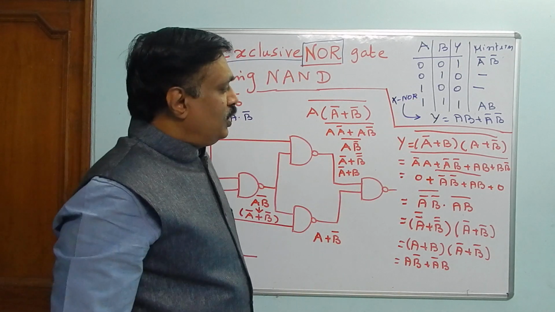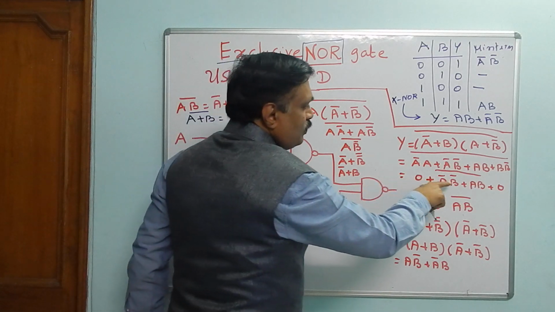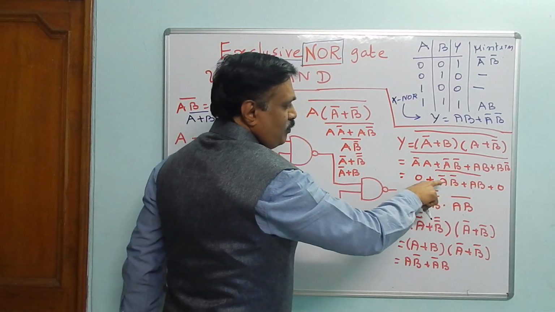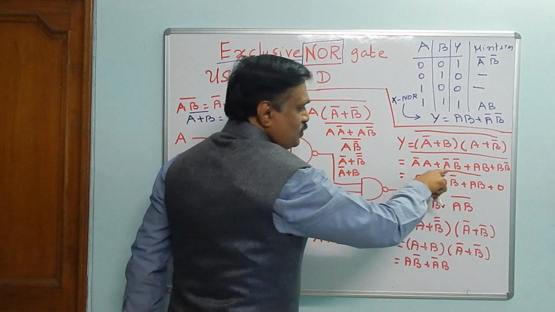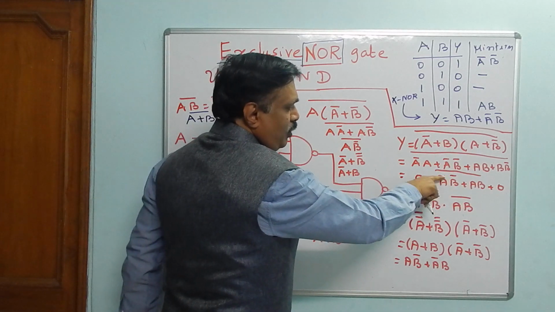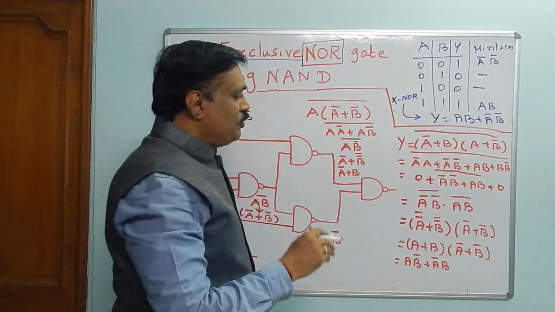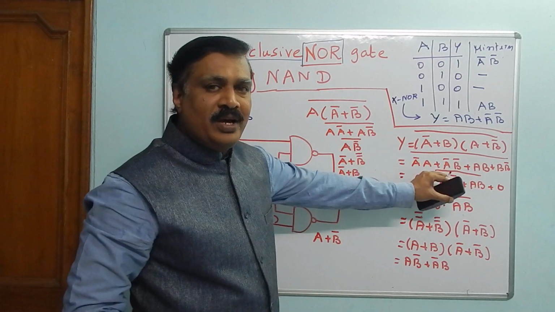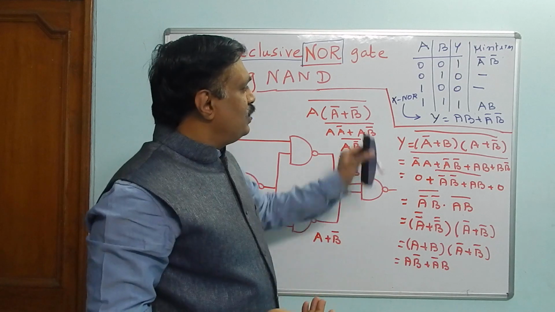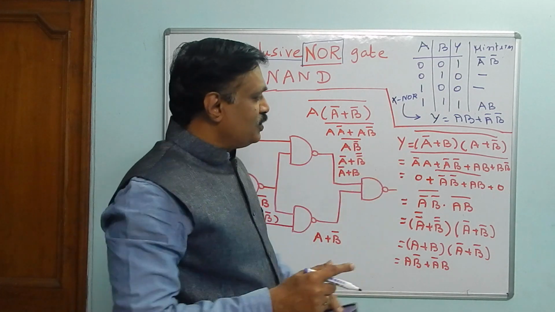Now you are getting this term with a complement. You are getting A bar B bar plus AB with a complement. If you remove that complement, then you are getting XNOR.